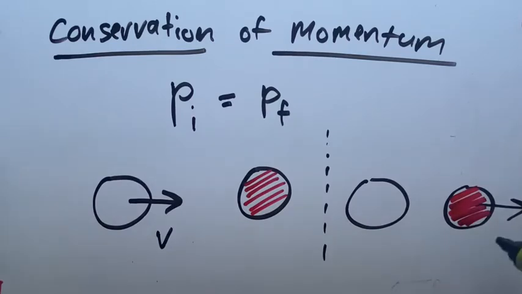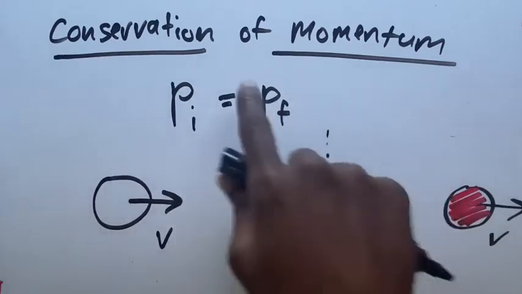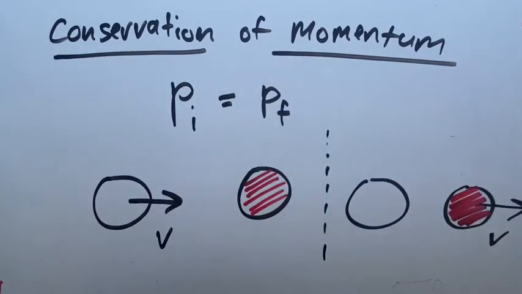And so now the red ball has that same velocity which the white ball hit it with. So that's kind of what I mean by momentum being conserved.